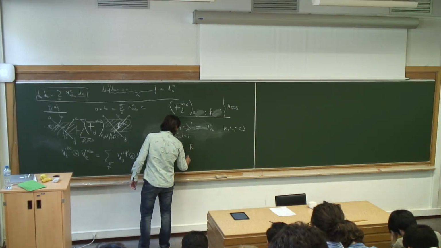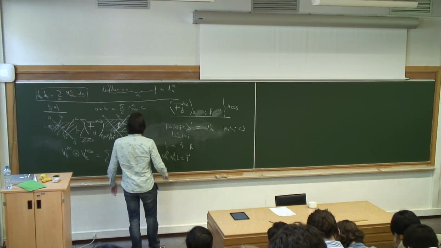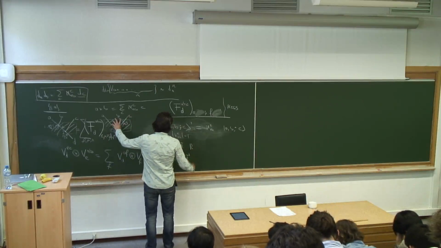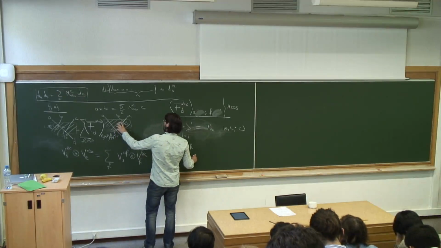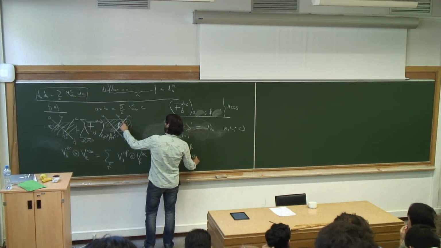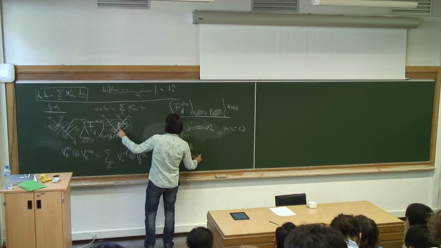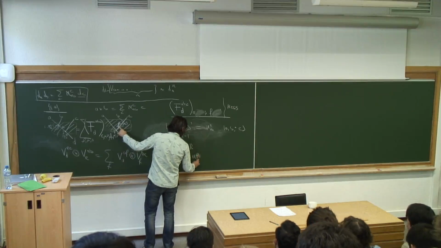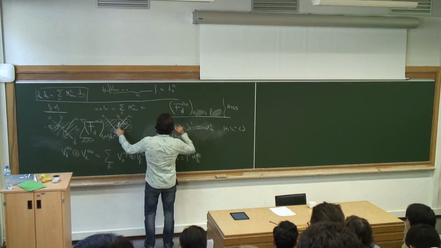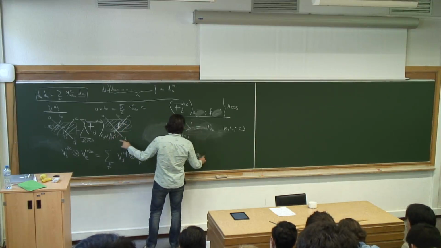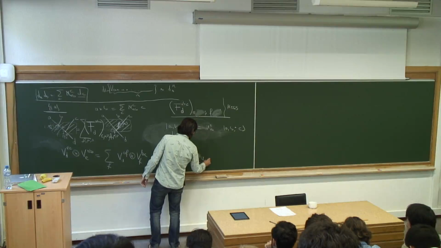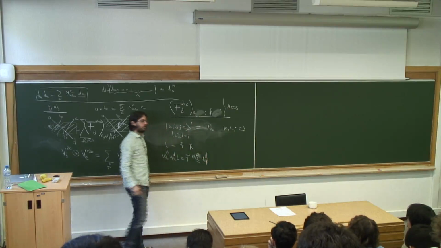This goes into F prime, a new symbol, times the gauge transformed right side, which is U, B, C, F times U, A, F, D. Yeah? Is that clear?